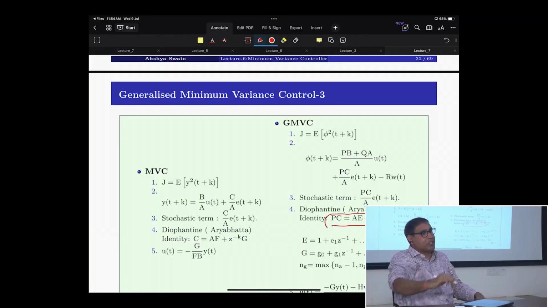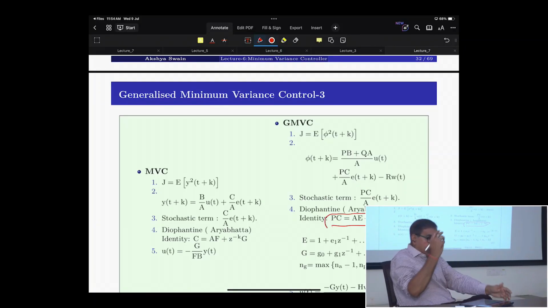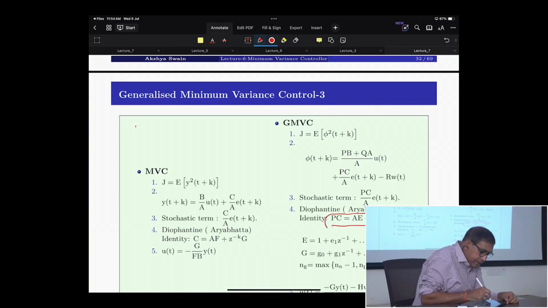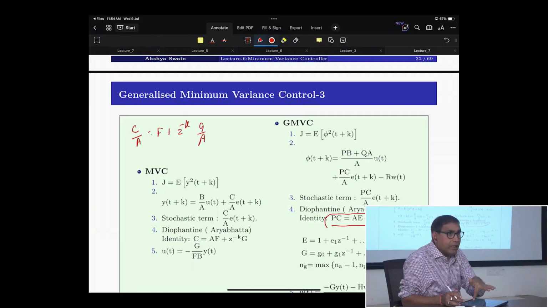Consider the identity PC by A equals E plus z to the power minus k G by A. Analyze the noise component. Earlier, what were we analyzing? C by A equals F plus z to the power minus k G by A, right? Because C by A is the noise component. Now, which is the noise component? PC by A. So now we analyze that one.